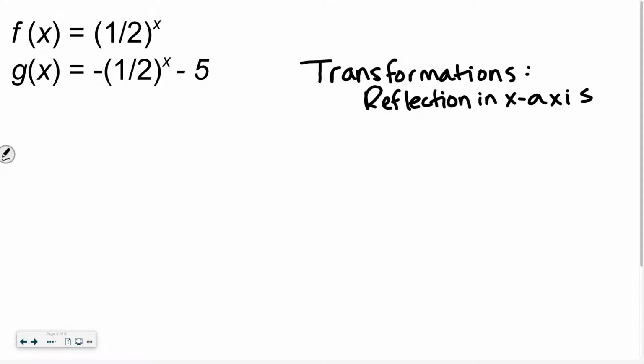Your asymptote should be going down. If you were to go down and then reflect, then your asymptote would go up.